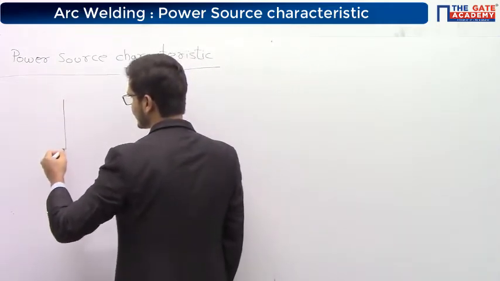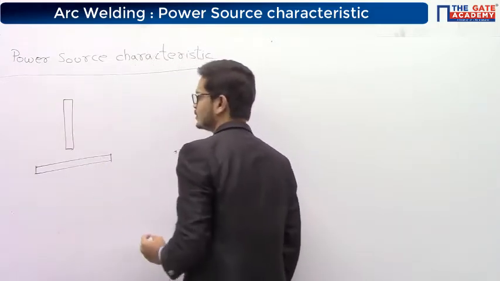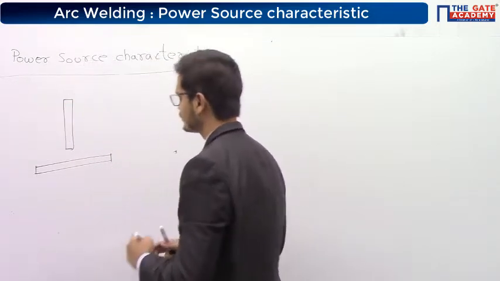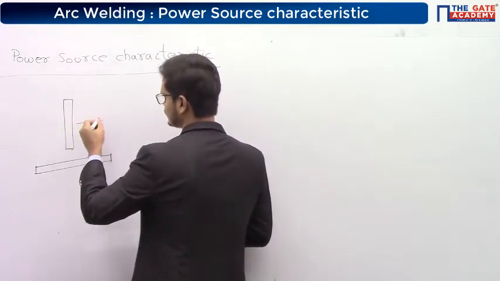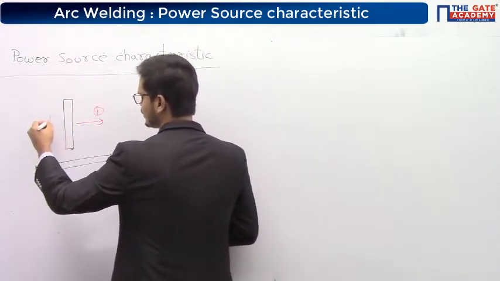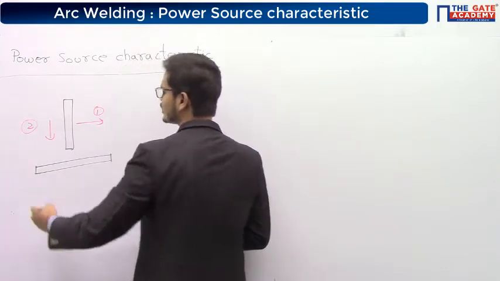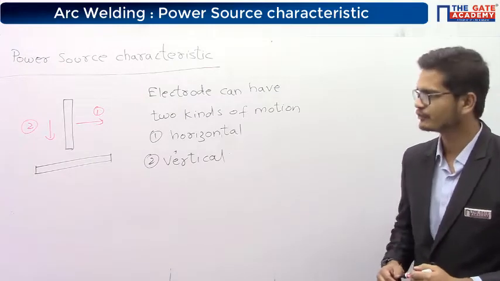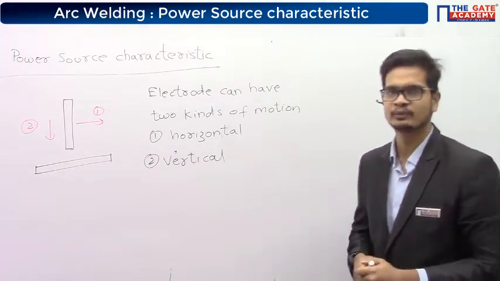So let's say this is the electrode. The electrode can have two kinds of motion. One is the horizontal motion, the other one is the vertical motion.